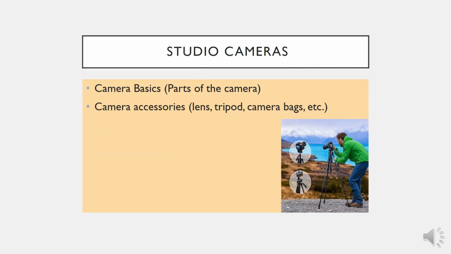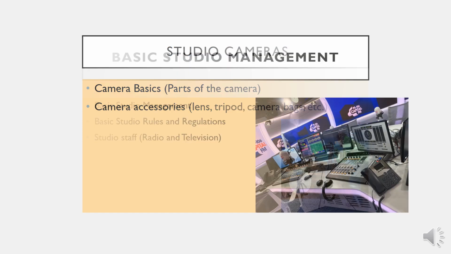So also the studio camera types, the parts of the camera, and the best camera required for certain productions. Also camera accessories and how to handle them, maintain them very well for long-lasting usage is also what will be taught to the students.